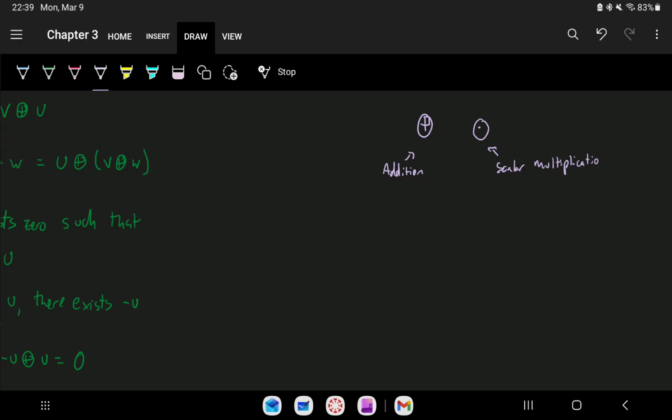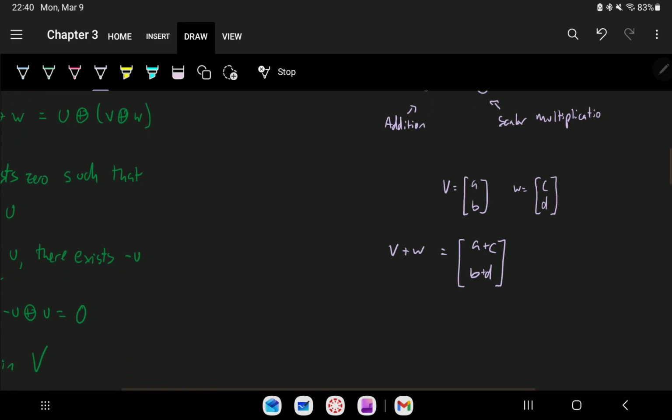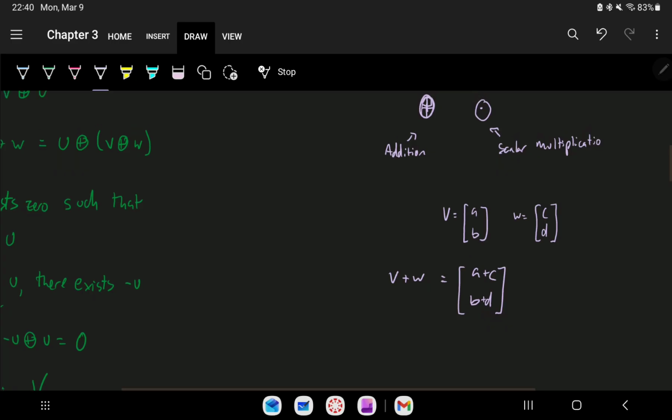So what this circle means is that it could be standard addition, right? Like how we generally do vector addition. If we have one vector as (a, b) and another as (c, d), well, generally, if we do V plus W, that's just going to be (a plus c, b plus d), right? But you could also do something funny with it, right?